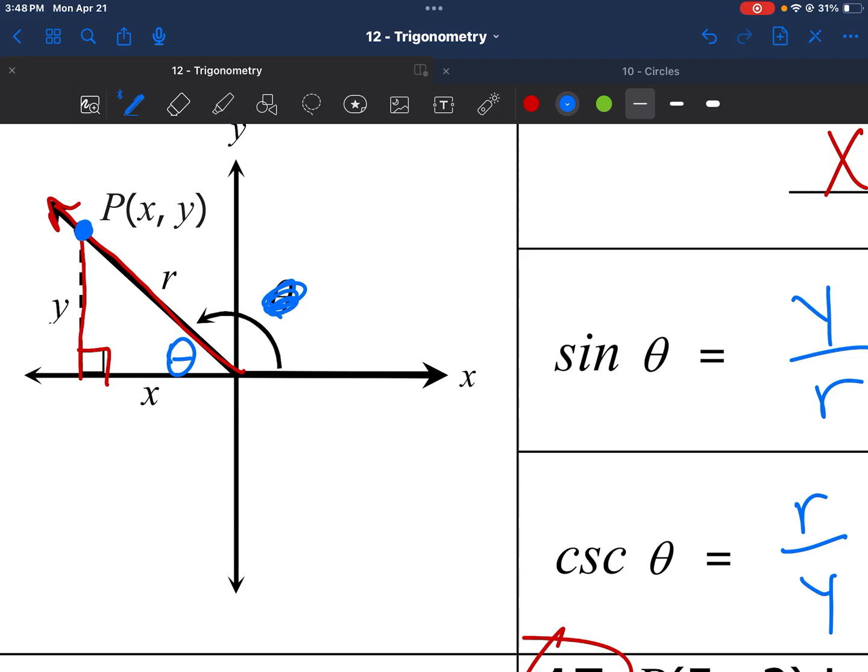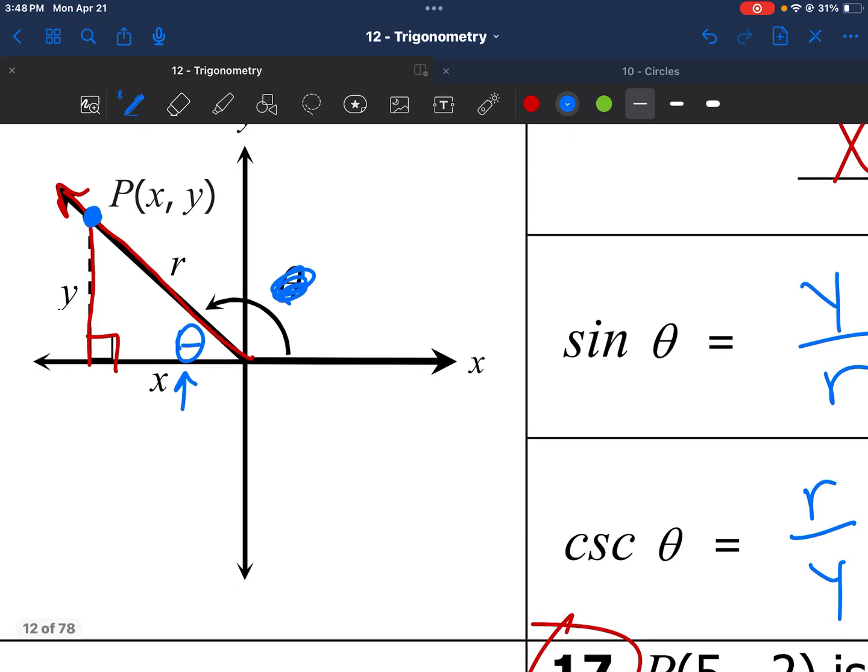And so then we're able to place theta inside of our triangle. We always want to place theta at the acute angle that is closest to the origin. So that's why I rewrote theta to instead go where I want it to go, right there.